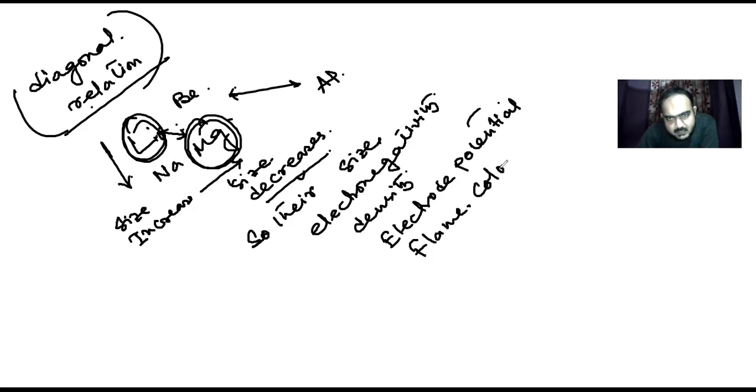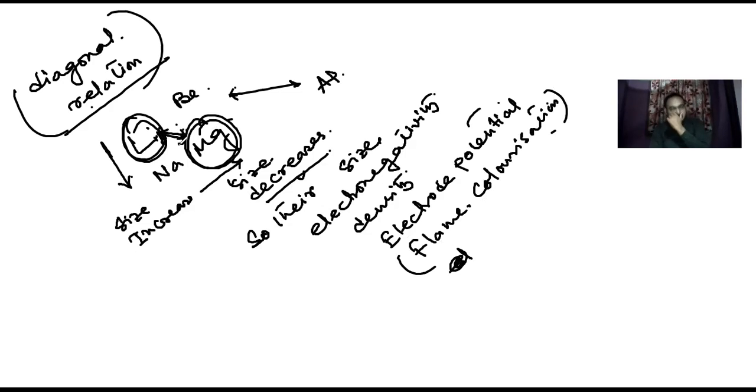Flame colorization, they do not undergo, etc. Or you can see density, electronegativity, we have written down. So they become the same. So this is the reason for the diagonal relationship.